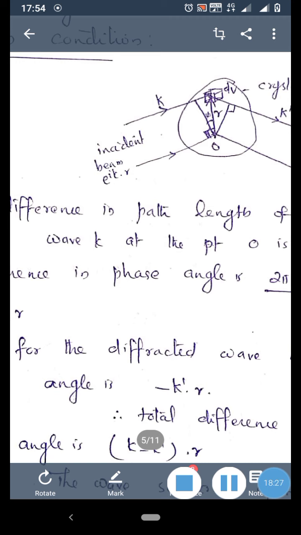So the difference in phase angle will be equal to 2 pi by lambda times the path length difference.